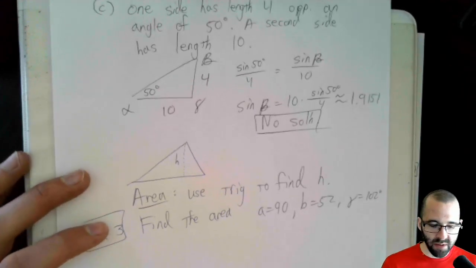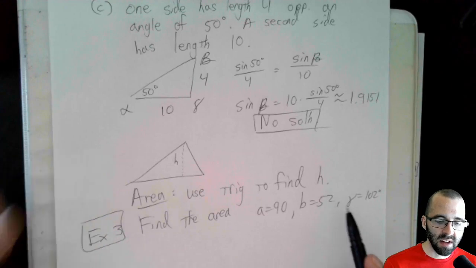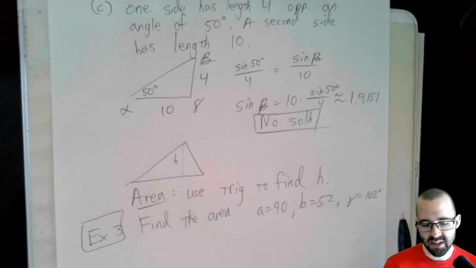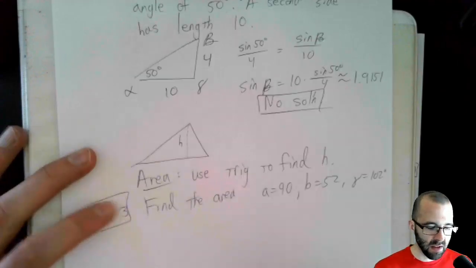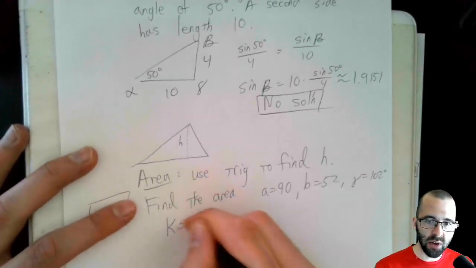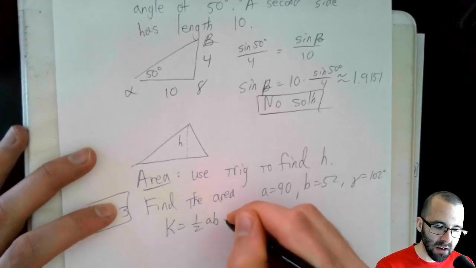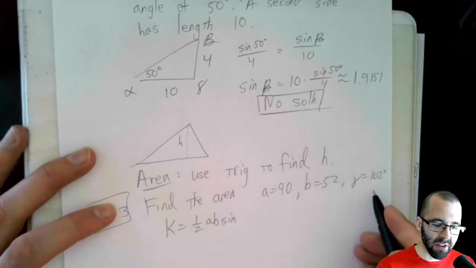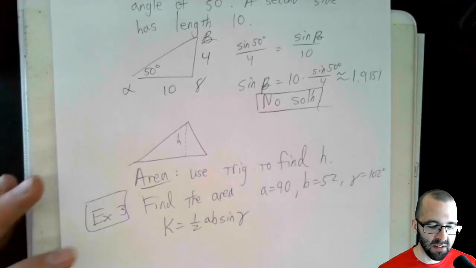Because what do we have? Well, I have two sides, and I have the angle between them. If you draw the triangle, you can probably see that a little bit more quickly. So you just go to your formula sheet. Your formula sheet says K is going to equal 1/2 A times B times the sine of that other angle. And again, this uses capital C. We can use gamma. It's equivalent.